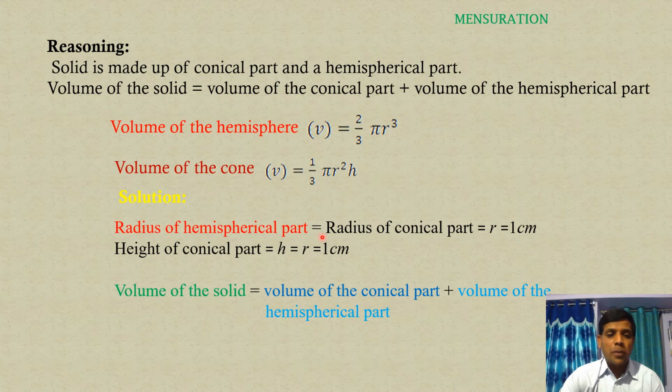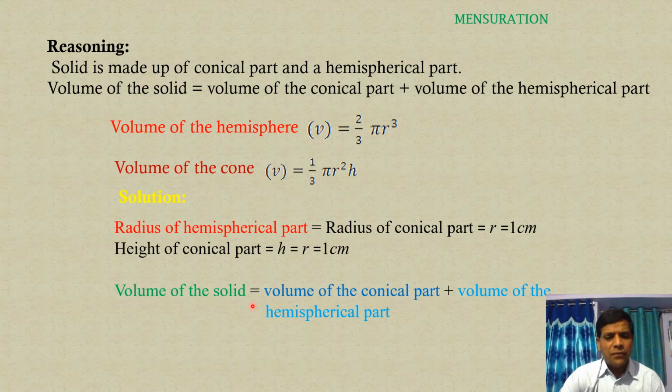So write down the notes: radius of hemispherical part equals radius of conical part, r equals 1 centimeter. Height of conical part h equals 1 centimeter. So the radius of the cone, the radius of the hemisphere, and the height of the conical part, these three are equal.